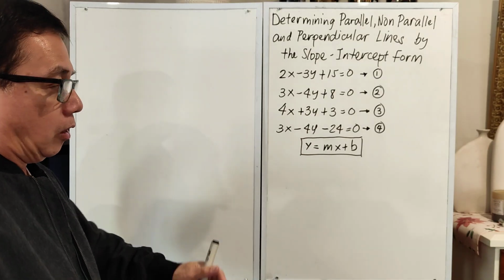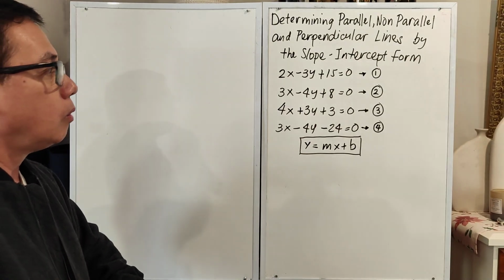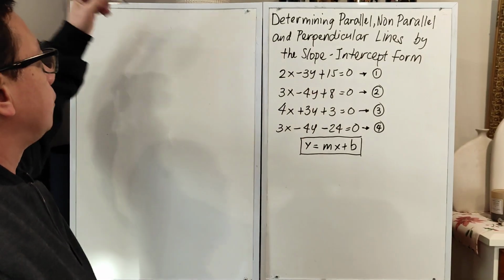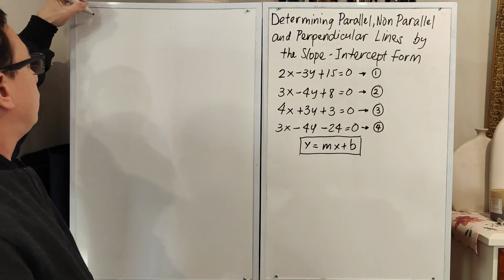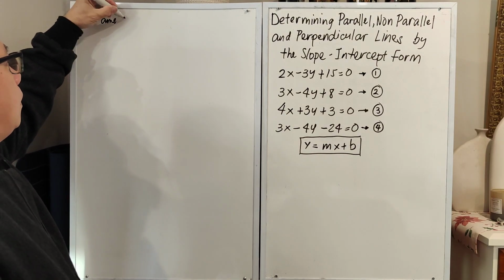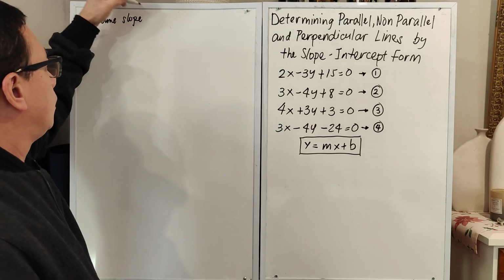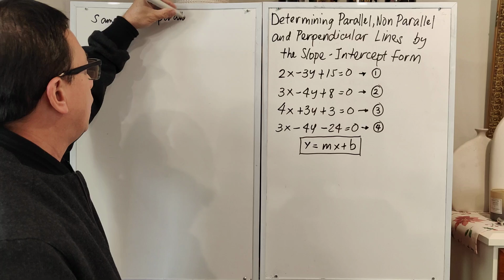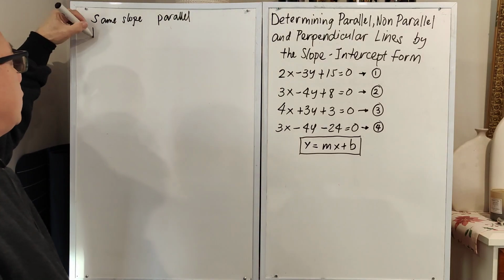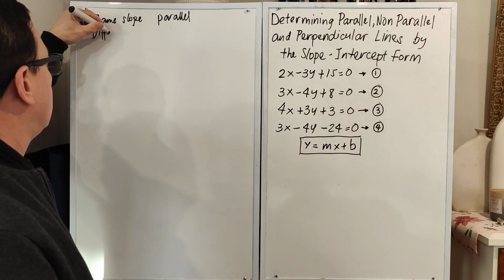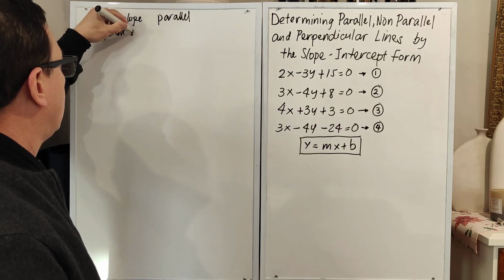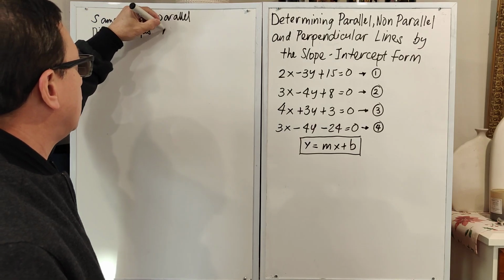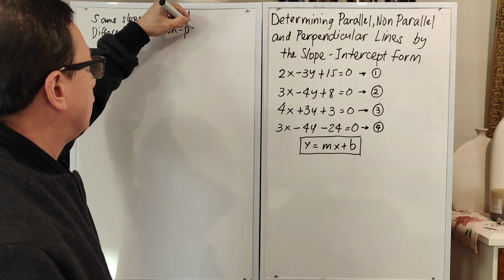So, to know if they are parallel, if they have the same slope, they are parallel. If they have different slopes, they are non-parallel.